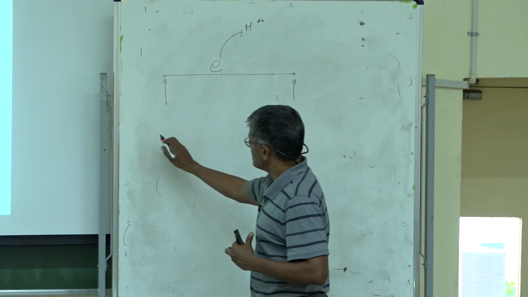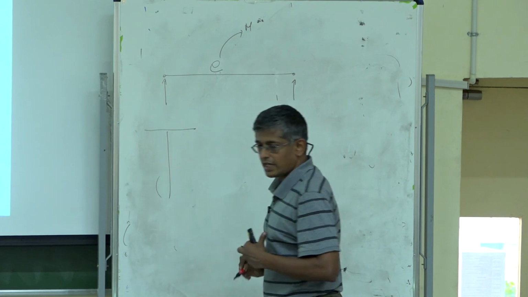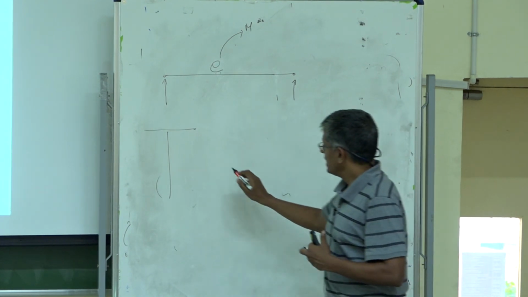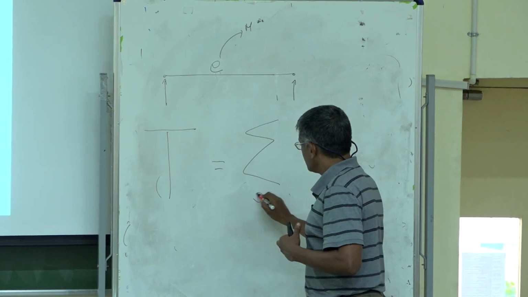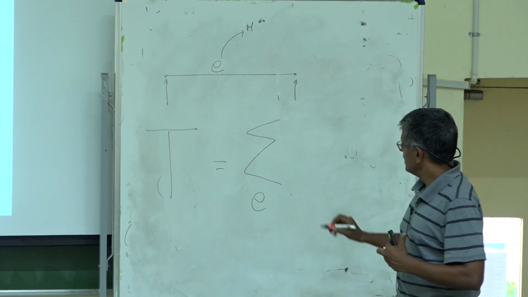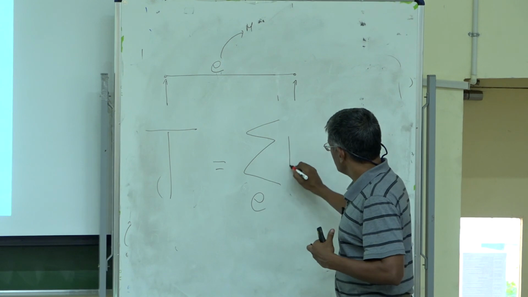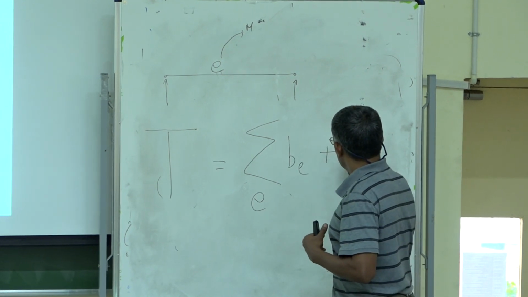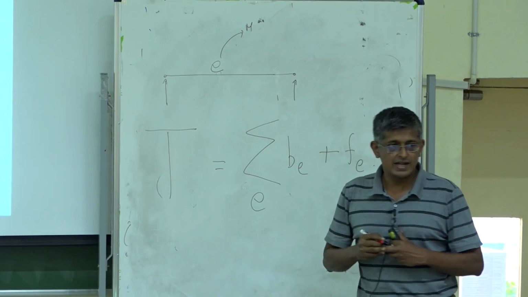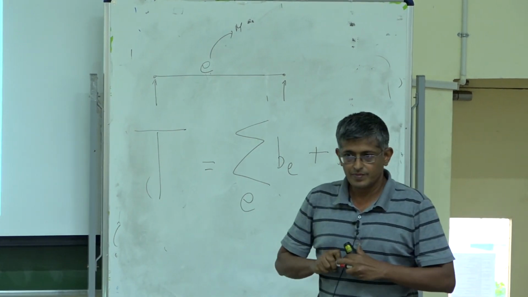If you ask me to write the total running time, it is basically the sum over all the epochs of the time at the beginning of the epoch, plus the processing time spent at the finishing of the epoch.